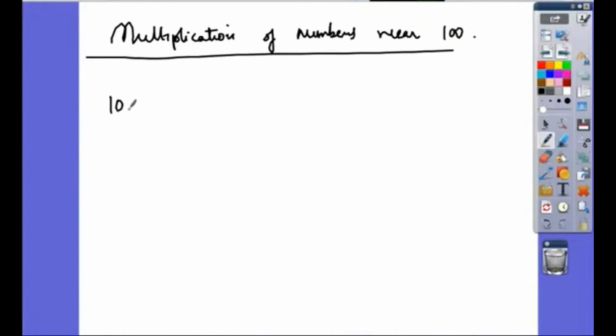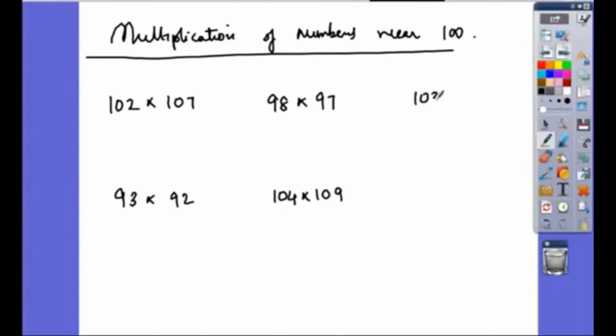For example, 102 into 107, 98 into 97, 93 into 92, 104 into 109. Or we'll take the opposite now: 103 into 96, 107 into 99. Okay, let's solve them first.